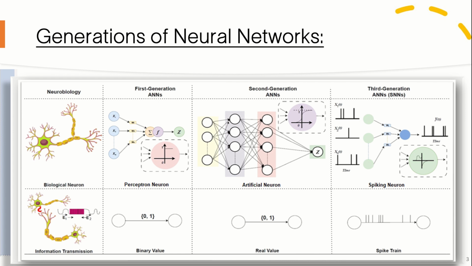So researchers focused again on how the human brain is capable of doing such big, complicated computational tasks at such low power. For example, the human brain is capable of doing tasks with only 20 watts. Based on this inspiration, they introduced a third generation called the spiking neural network.